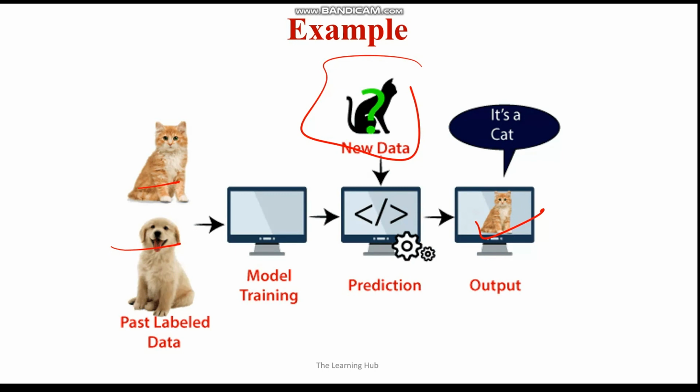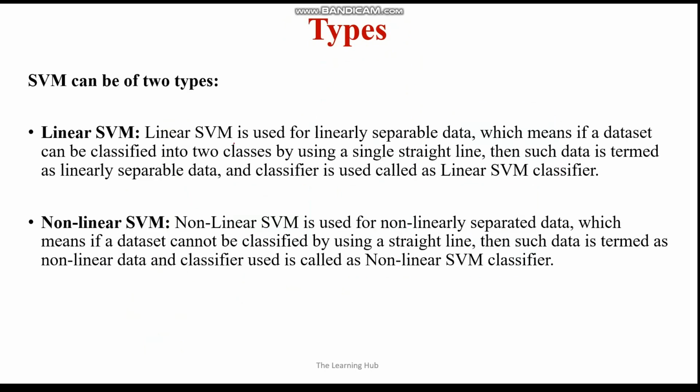As the support vector creates a decision boundary between the two classes and extreme vectors, it will see the extreme case of a cat or dog, and on the basis of a support vector, it will classify it as a particular category. And the two types are linear SVM, as we have seen in the example, in which we can divide the classes into two parts based on this hyperplane.